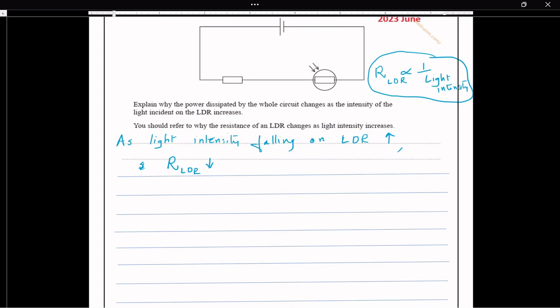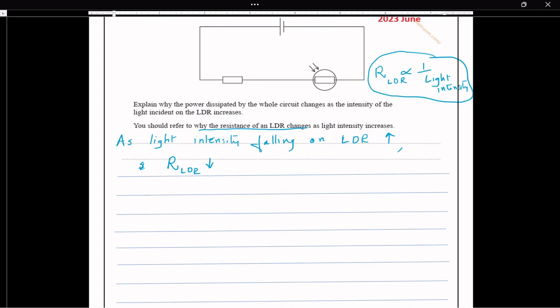But this is what we understood at first look. They are telling you to write the answer why the resistance of the LDR changes as the light intensity increases.